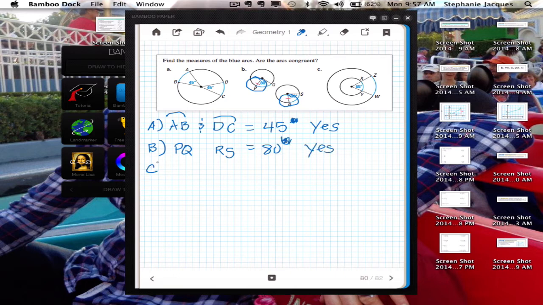Okay, let's do C. So looking at this one, you know that XY is 65 degrees and ZW is a 65 degree arc. So they're both 65, however, they're not in congruent circles, so no, they are not congruent.